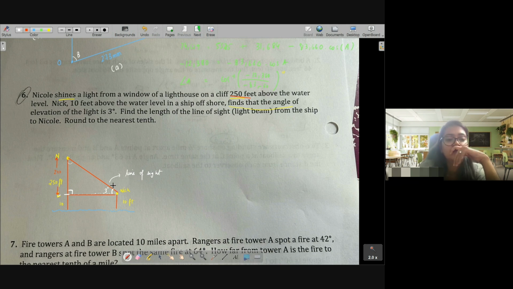So you have this angle, and for this angle, this side is the opposite and this side is the hypotenuse. Which trig ratio involves opposite and hypotenuse? Sine. So we'll use sine.